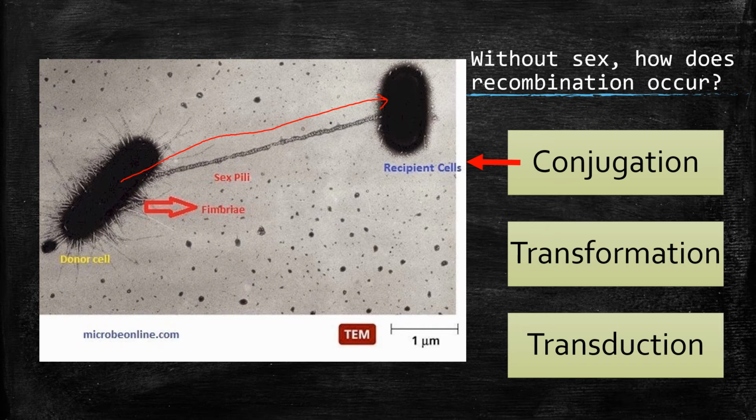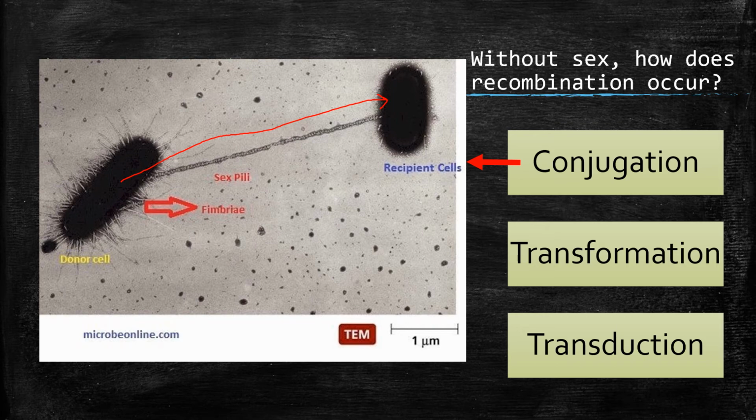That's conjugation. The second way is transformation. Transformation is when the cell picks up free pieces of DNA either from living cells that have secreted it or from dead cells as they break down and their DNA is released into the environment. Then these bacteria can pick it up. The third way is transduction, and that's when the bacteriophage carries portions of the DNA from one bacteria to another.